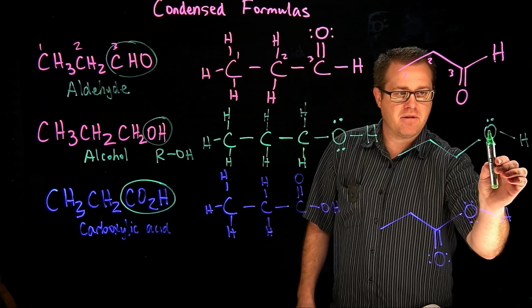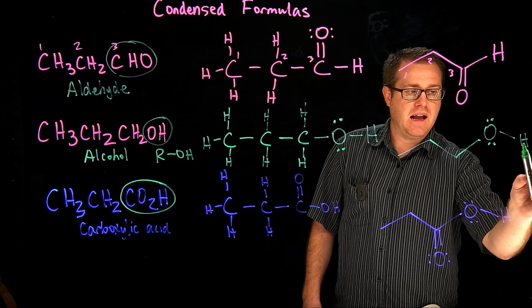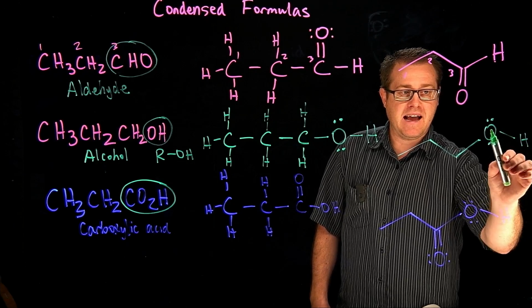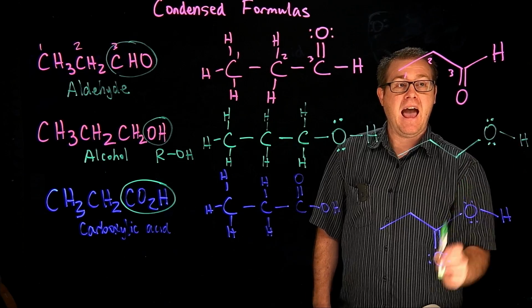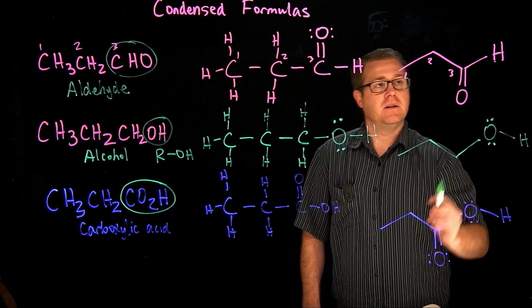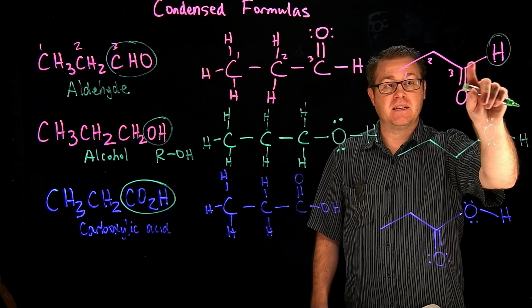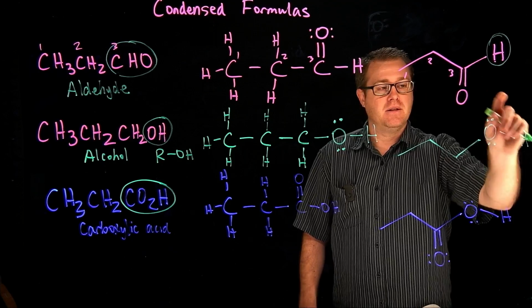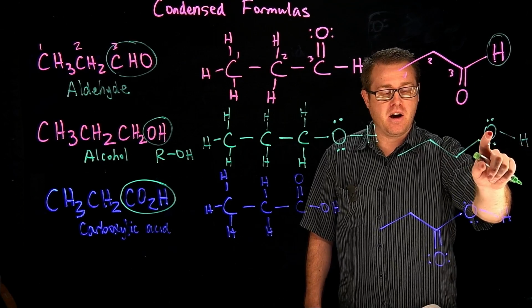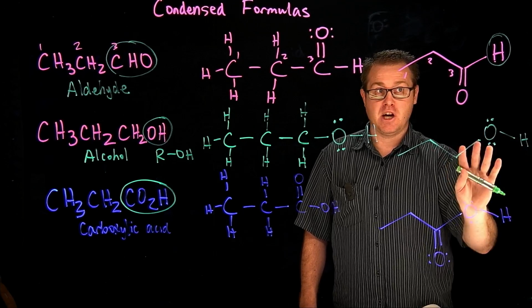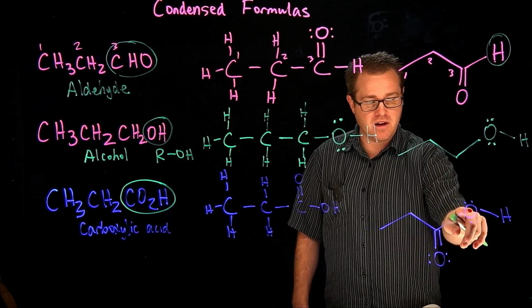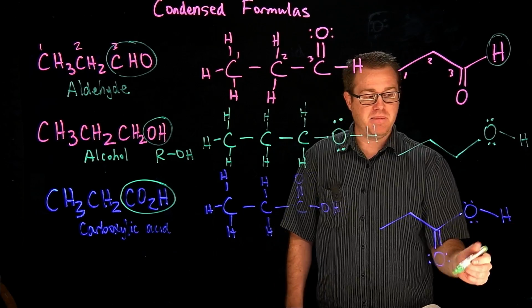So since that's a heteroatom, the hydrogen that is directly attached to the heteroatom has to be drawn. This hydrogen in the aldehyde did not have to be drawn because it's attached to a carbon. But this hydrogen is attached to an oxygen, so it has to be drawn. It's not implied.